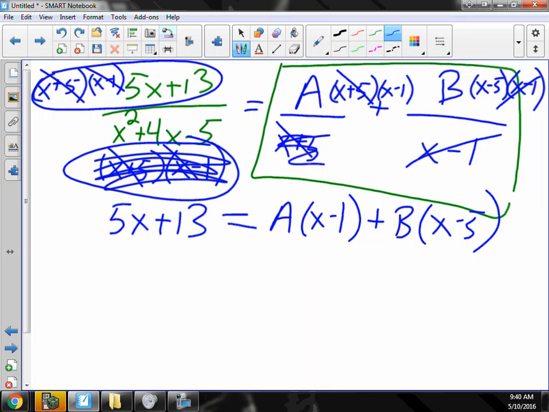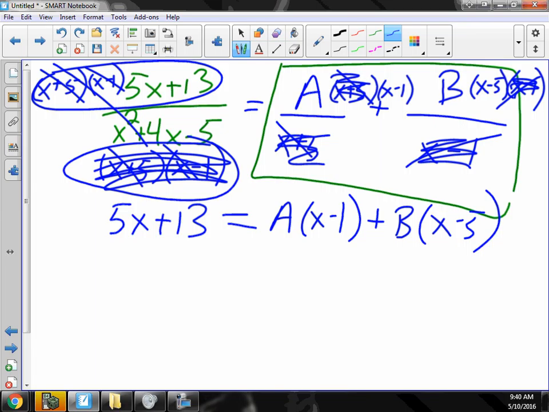So this got rid of that, and this got rid of that, and essentially we can make this a little bit easier. We just multiply A by what it doesn't already have. And we multiply B by what it doesn't already have, and then I don't even need to worry about the left side. Does that make sense?